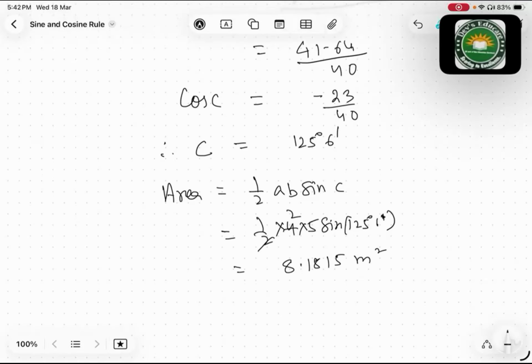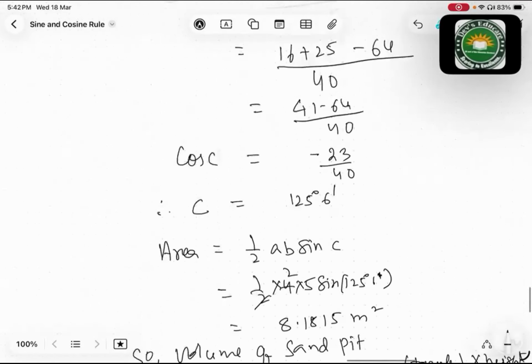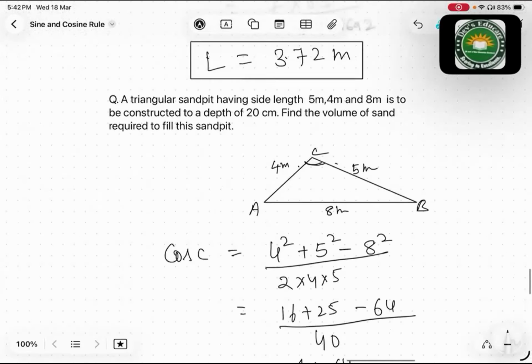So the volume of the sandpit will be the base area of the triangle, which is a triangular base, times the altitude, the height, and height is given as 20 centimeters, the constructed depth of 20 centimeters.